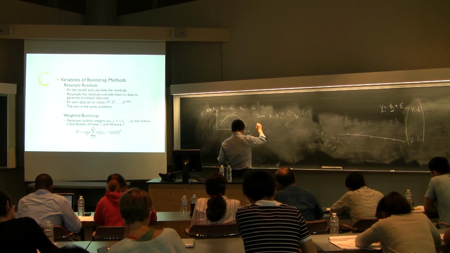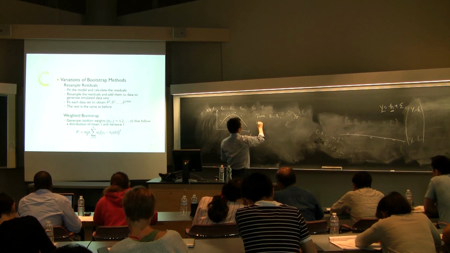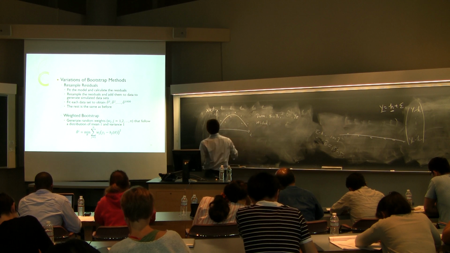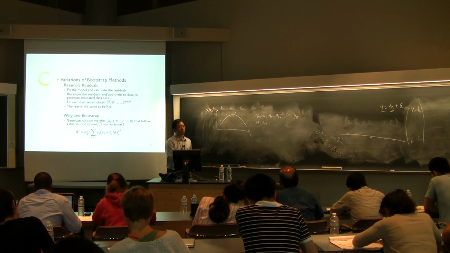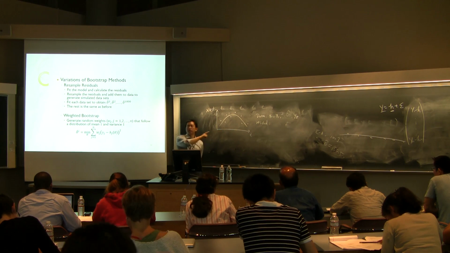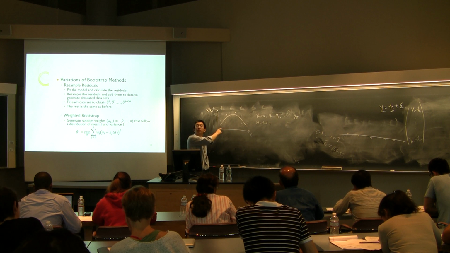This is the true curve or the fitted curve. If our estimate is unbiased, the fitted curve should overlap the true curve.